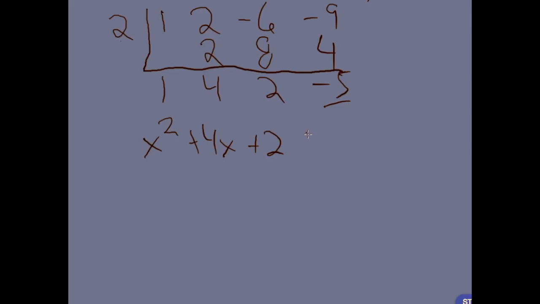So it's going to be minus 5 over x minus 2. And there is our answer. Okay, now let's do the next one to show you what's up.